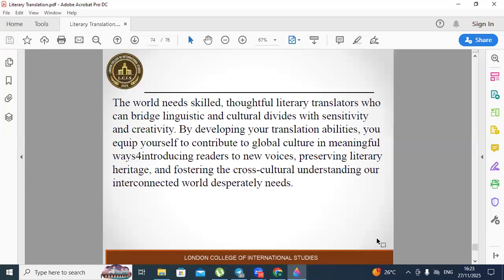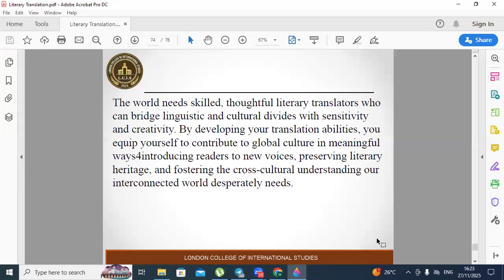By developing your translation abilities, you equip yourself to contribute to global culture in meaningful ways, introducing readers to new voices, preserving literary heritage, and fostering the cross-cultural understanding our interconnected world desperately needs. We live in an era of increasing global connection, but also significant misunderstanding and conflict.